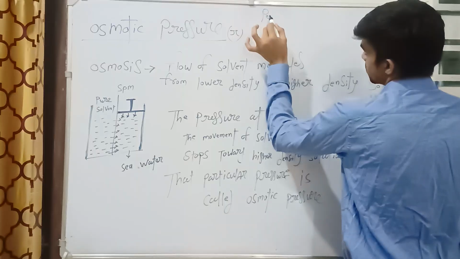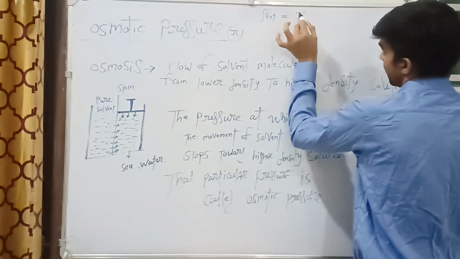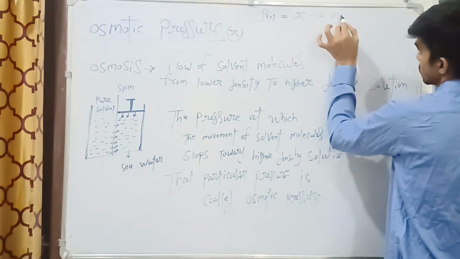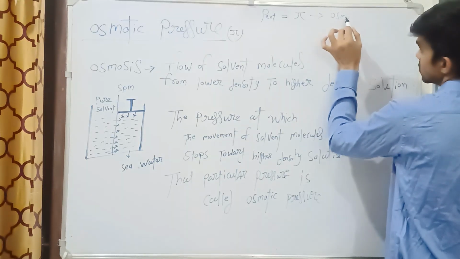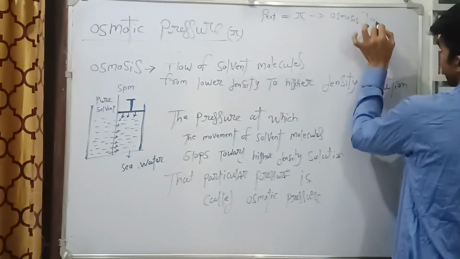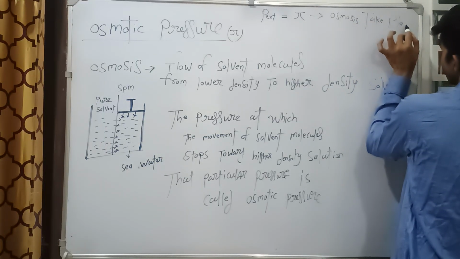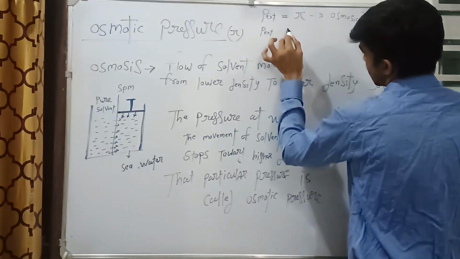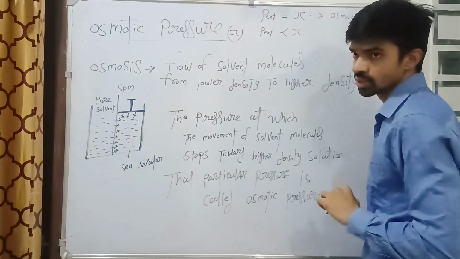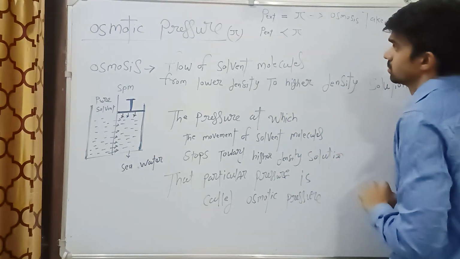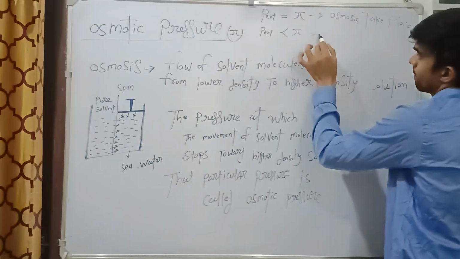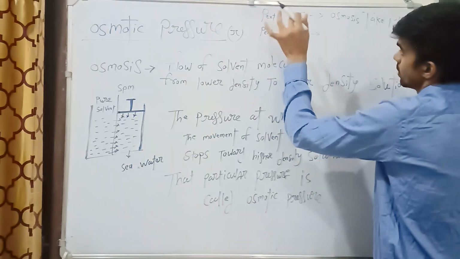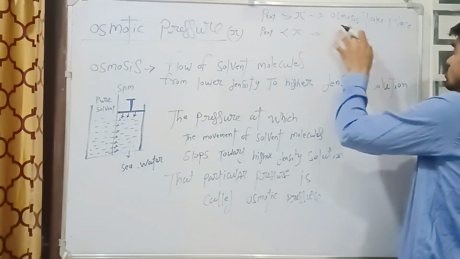When the external pressure P external is equal to pi, osmotic pressure, the osmosis stops.